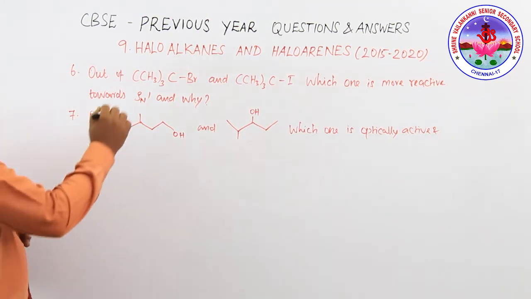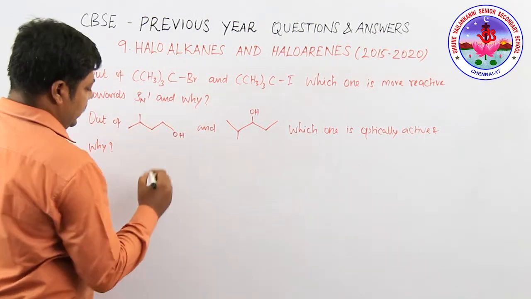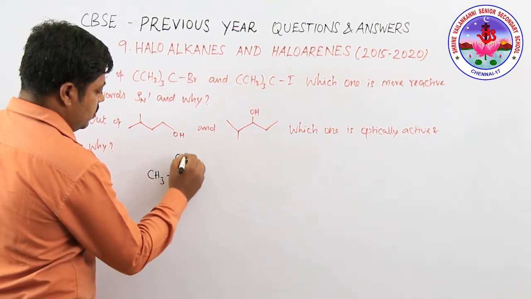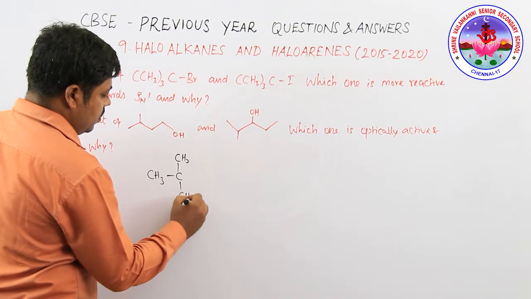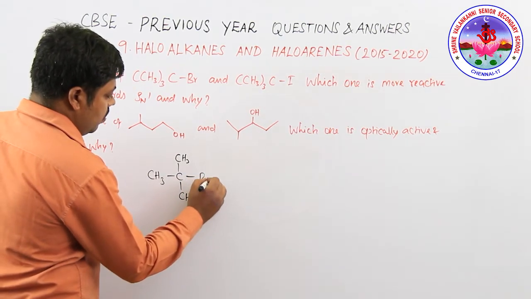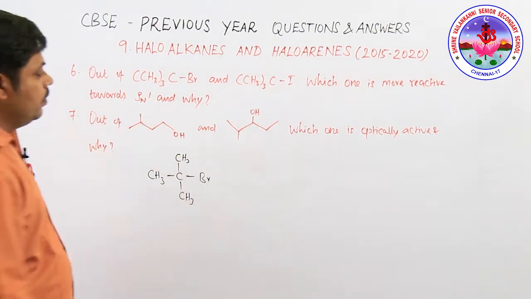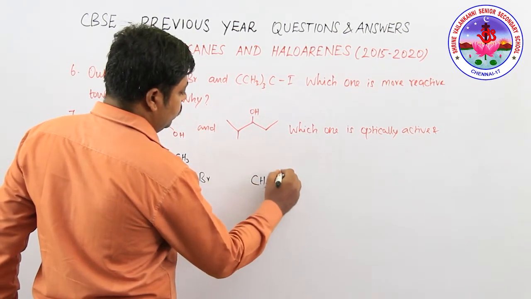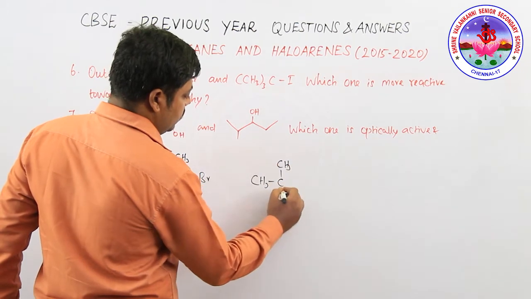First question answer: here (CH3)3CBr, tertiary butyl bromide, and this is tertiary butyl iodide.